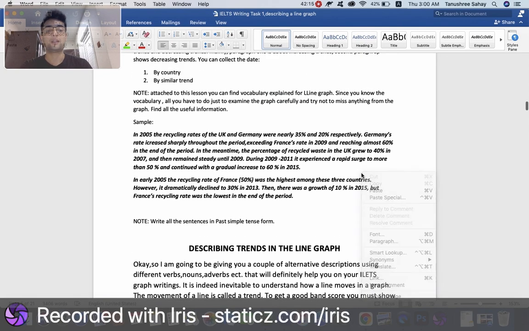Also, one more time: if you start your first sentence with past simple, then you should continue all the following sentences in past simple. If you start with present perfect, then you should continue with present perfect. You shouldn't change the tense in task 1. Mostly it's past simple, so it's better to write in past simple and follow that order.